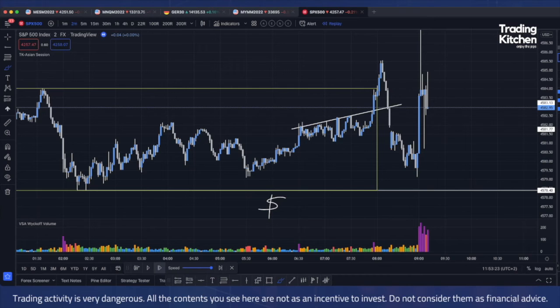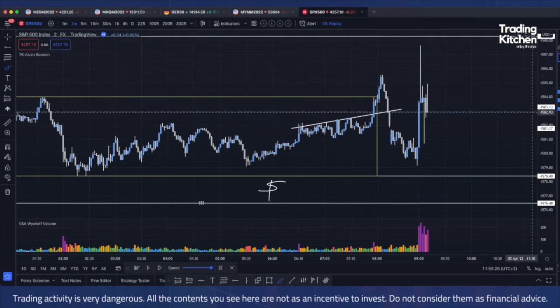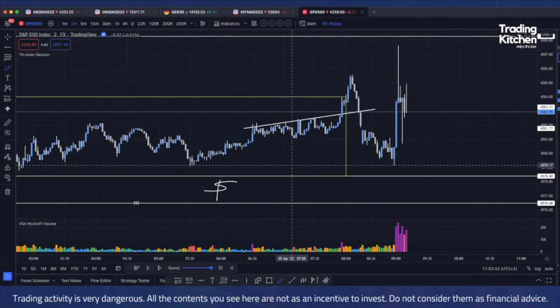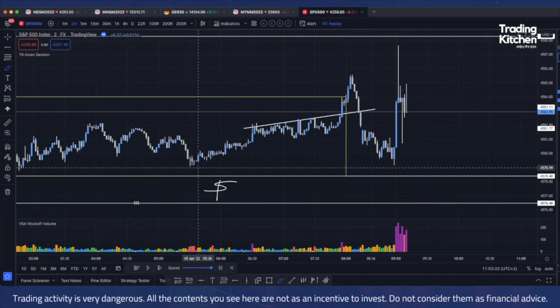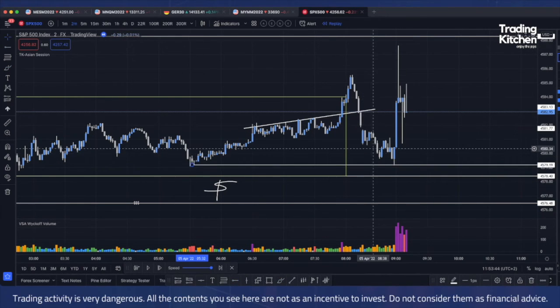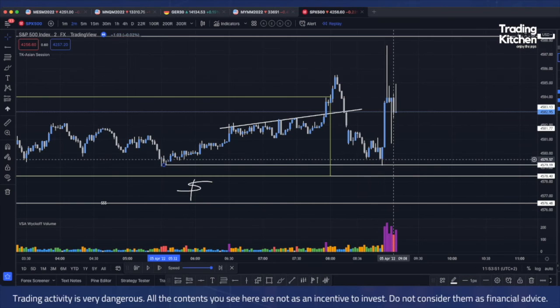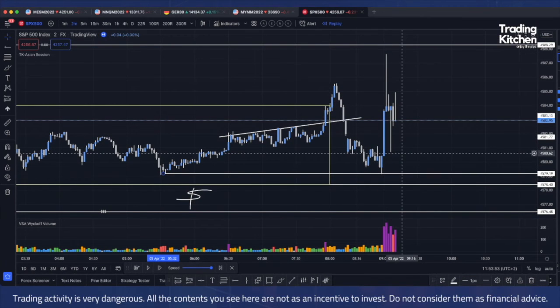I don't know why price reacted here. Yeah, but maybe because we have a double bottom here that I didn't see. So I missed this trade, but I'm not an aggressive trader, so I just wait for a retracement like in this case.